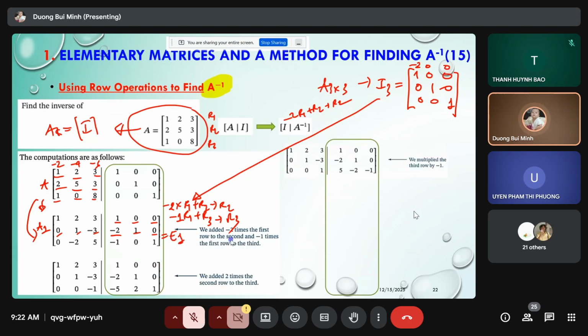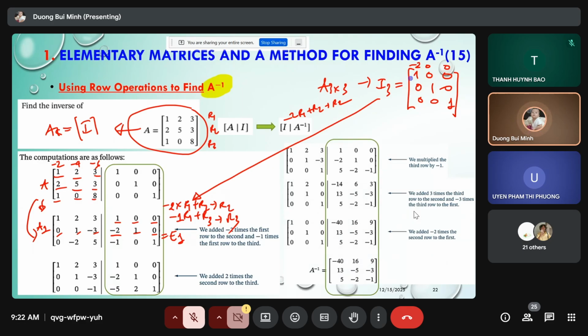So we get minus 1 0 1 in the identity side, and in A the third row becomes 0, minus 2, and minus 3 plus 5, which gives 5. So I1 goes to A2, and here you get E2, E3, E4, E5.